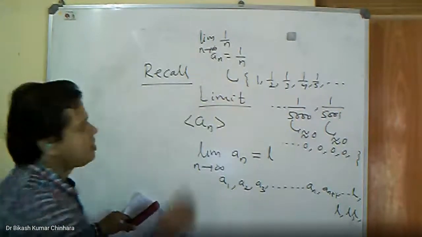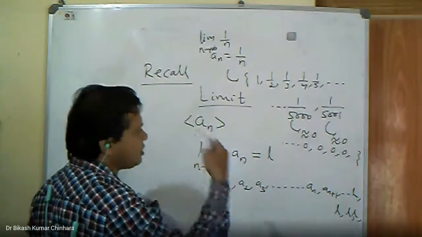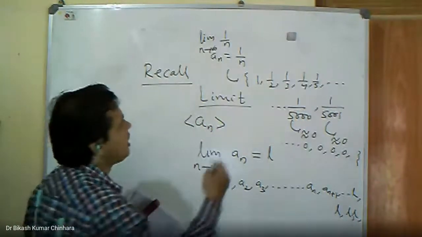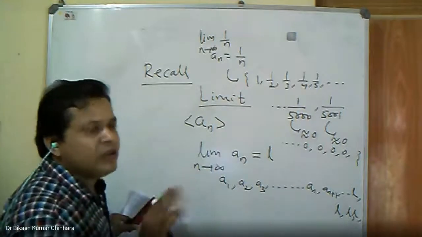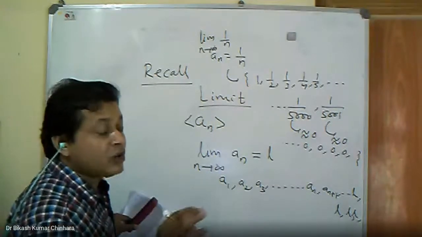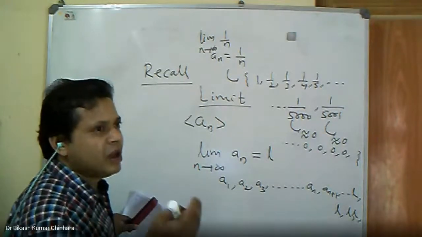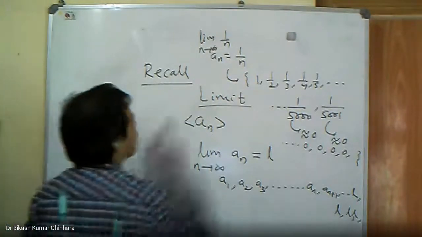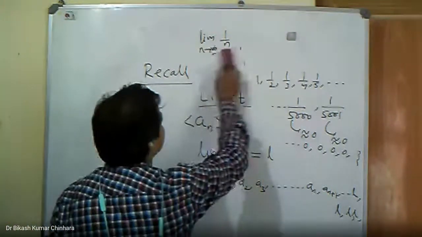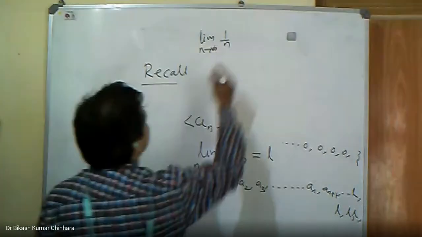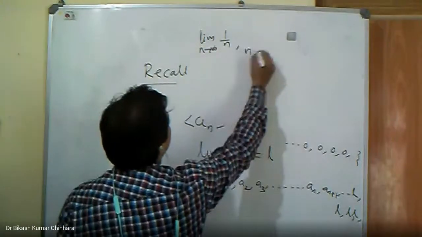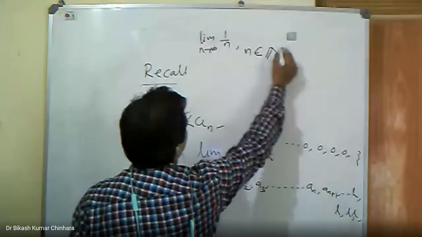I am setting n equal to 1, n equal to 2, n equal to 3, like this. I am not taking n equal to 1 by 2, or n equal to 1 by 3, or 1 by 4. So what is the restriction here? I am only taking this n from the set of natural numbers.